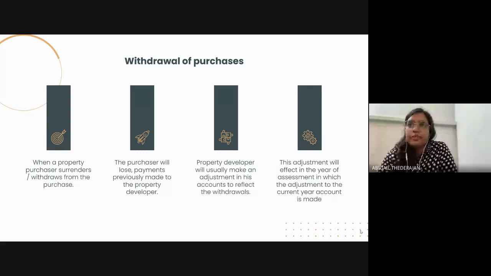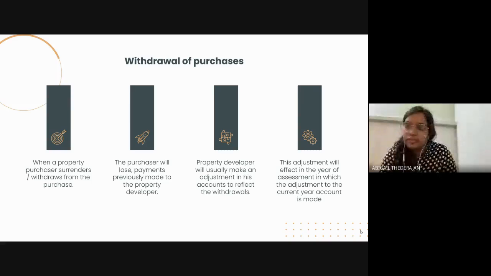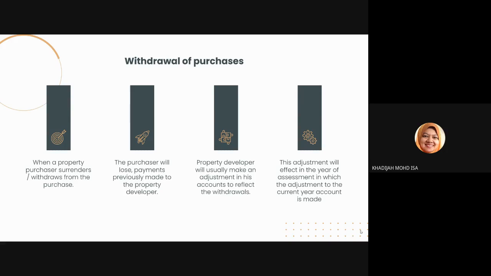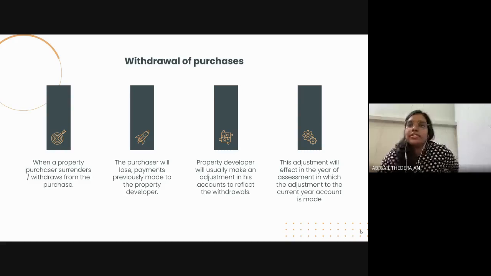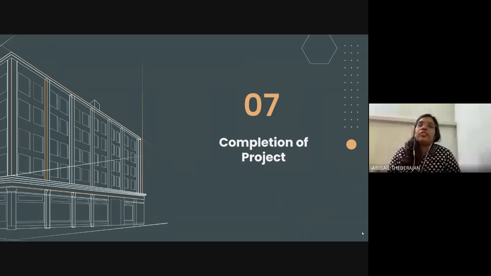They can't reopen the assessment year which I have finished paying for, so they will recognize the income in the year of the adjustment, the current adjustment year. Okay, next we will see on the completion.